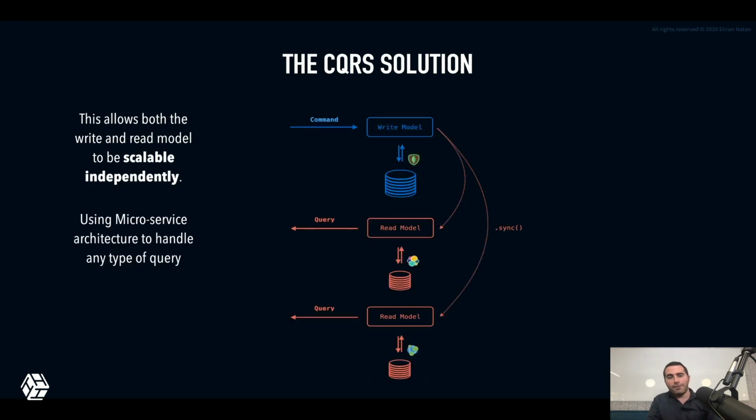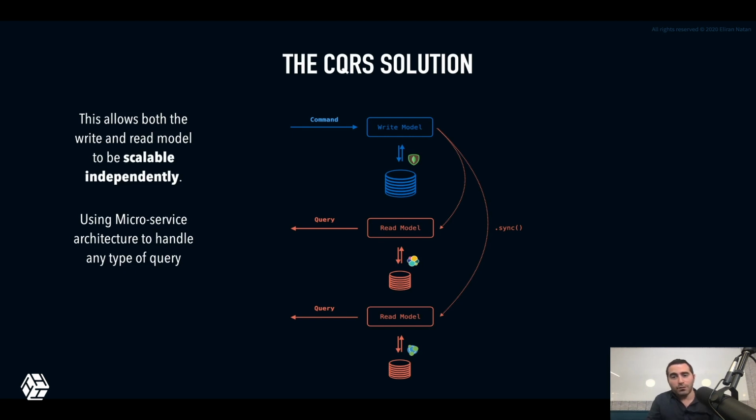All right. Now, you could always leverage the microservice architecture to have multiple read models, as many as you need, each equipped to handle a specific set of queries. Each has its own type of technology or data store that it wishes to use. So in this example, I'm using MongoDB to support my write model, which is a document-based database, and an Elasticsearch database to support one read model.